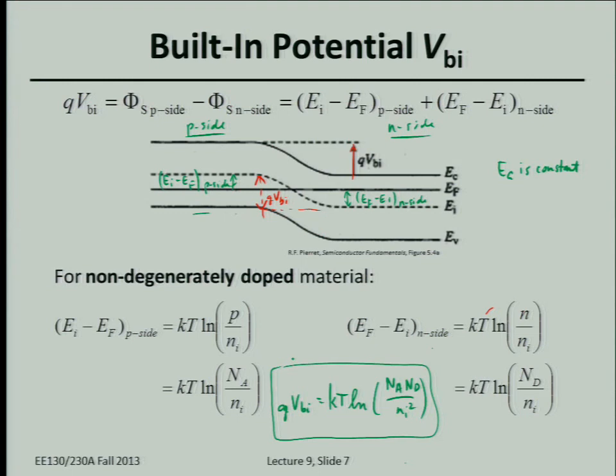But if one side is degenerately doped, we actually cannot use one of these equations, because they were both derived using the Boltzmann approximation, which only holds for non-degenerately doped material. So instead of using one of these equations to determine the difference between EF and EI, we just use 1/2 the band gap. Right? The side that's degenerately doped, we assume the Fermi level minus the intrinsic level is 1/2 the band gap.